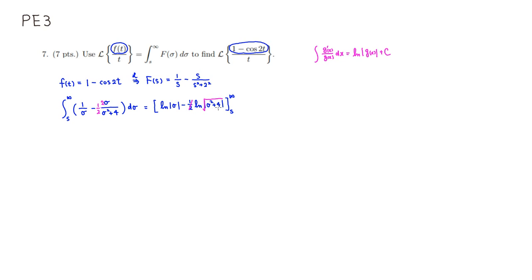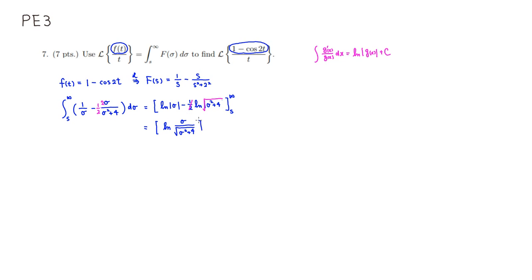We don't really need the absolute value sign because sigma squared plus 4 is never negative. Then we can combine these two since it's a subtraction, into a single log: natural log of sigma over the square root of sigma squared plus 4.